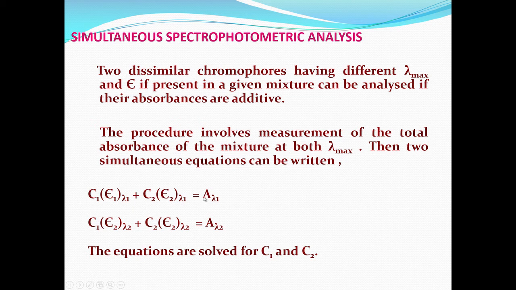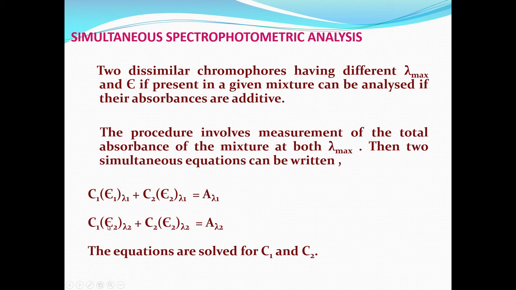So, in the total measurement, there will be a certain amount of contribution from both substances at any wavelength. So, we write C1 epsilon 1 at lambda 1 plus C2 epsilon 2 at lambda 1 is equal to absorbance at lambda 1, that is the total absorbance.